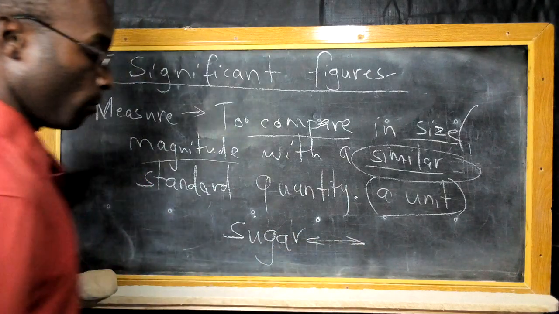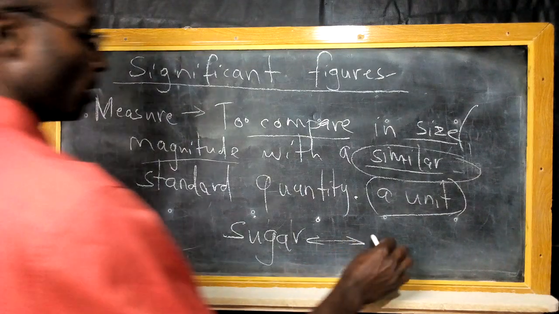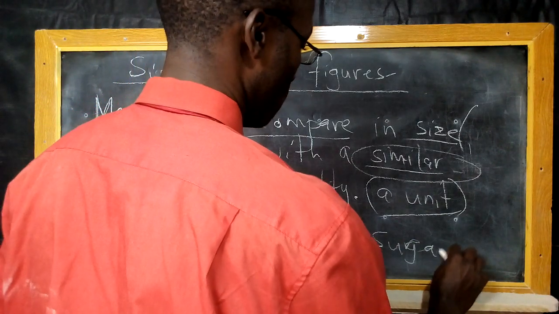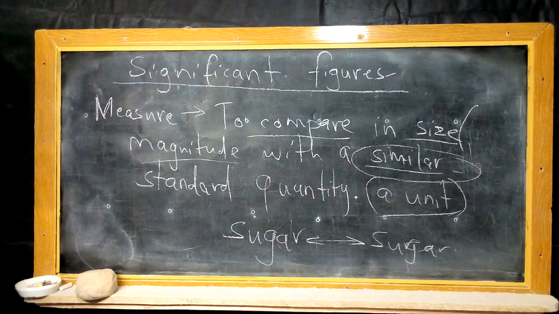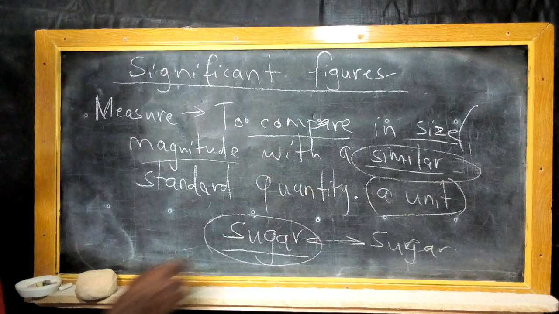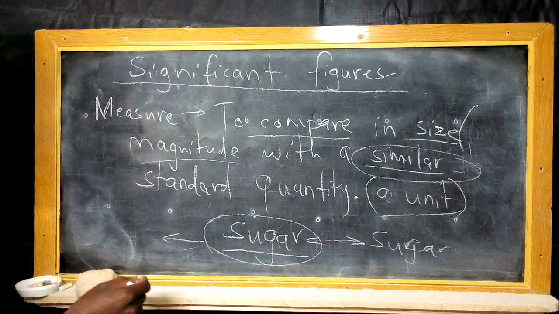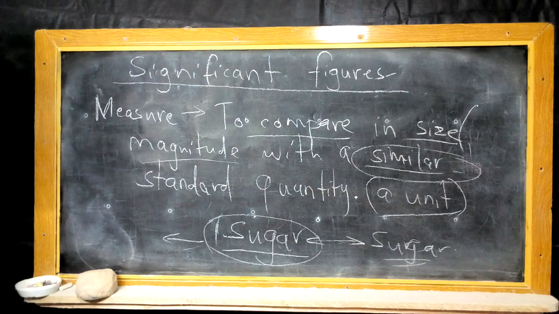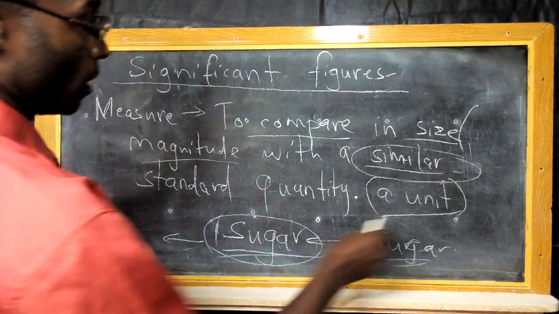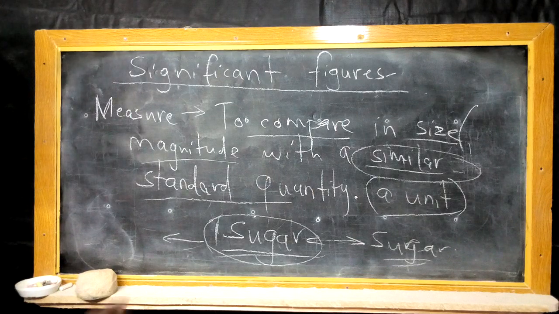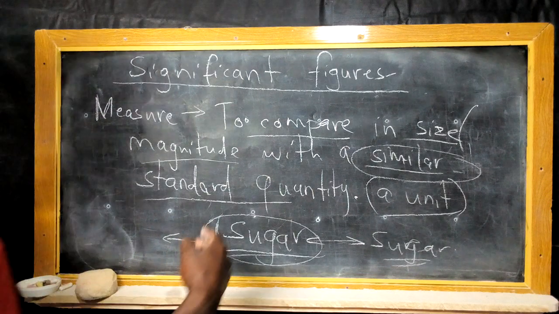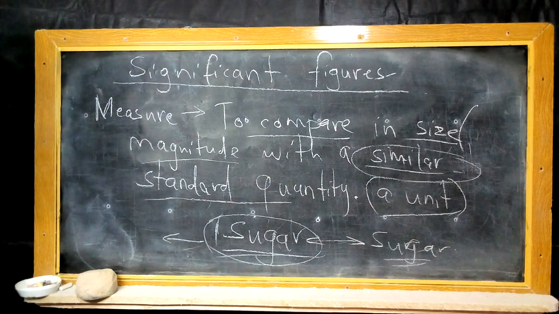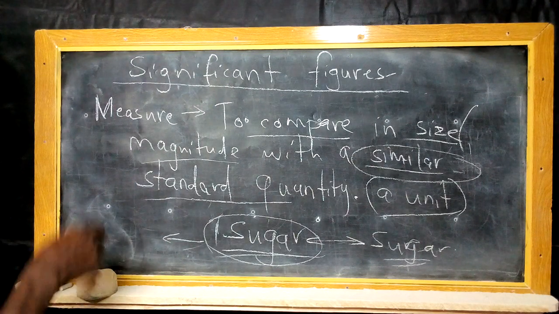If I want to know the size of two different quantities of sugar, I'm going to compare one with another. Maybe I'm measuring something like weight. One of them will be the one that I'm going to use as a point of reference. If I know the quantity or the measurement of this, and it's the one that I normally use to find other quantities of sugar, then this is what is being referred to as a standard quantity. So a quantity that you use to know the size or the magnitude of other quantities which are unknown is what we call a standard quantity.